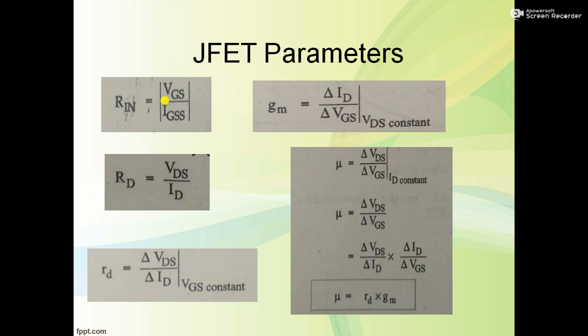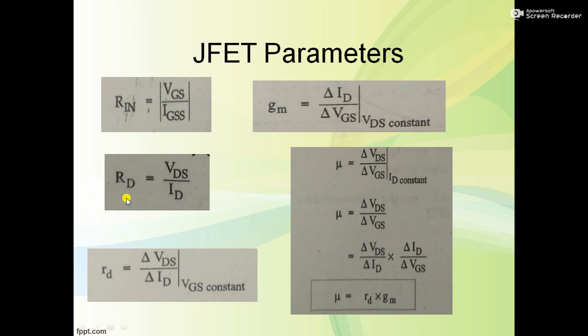When the gate to source junction is reverse biased, the input resistance is very high, and that input resistance of a JFET is determined by the ratio VGS divided by IGSS. In this case the IGSS increases with the temperature, so the input resistance decreases with the temperature.